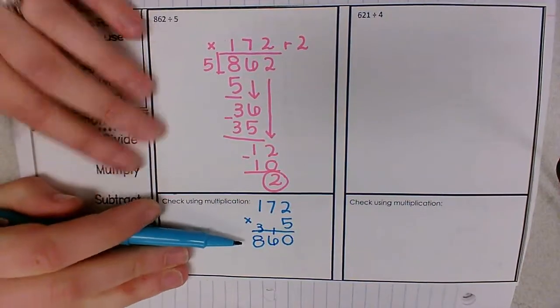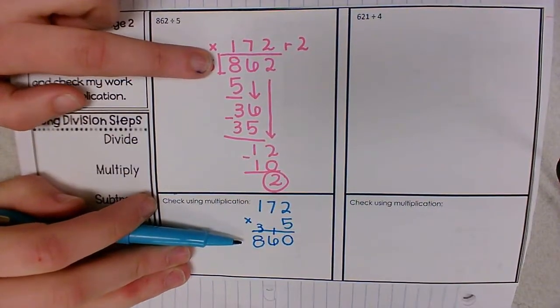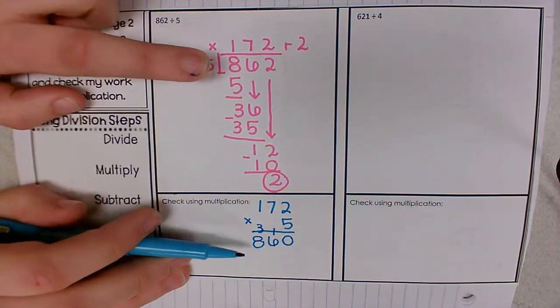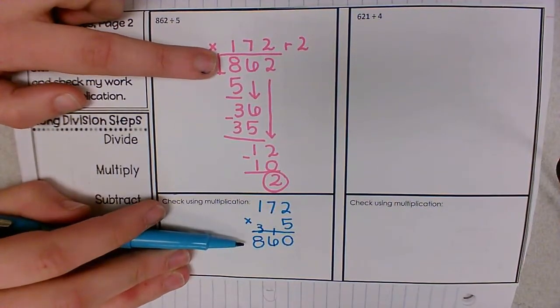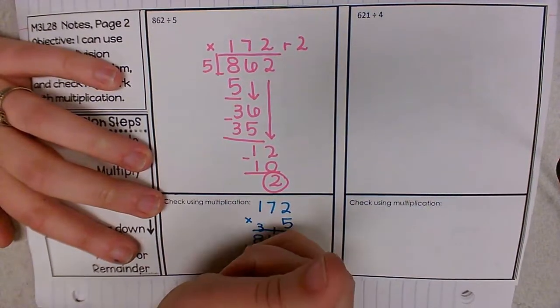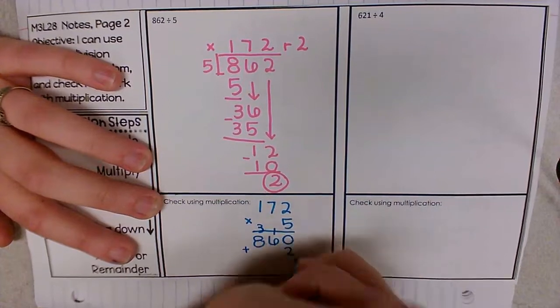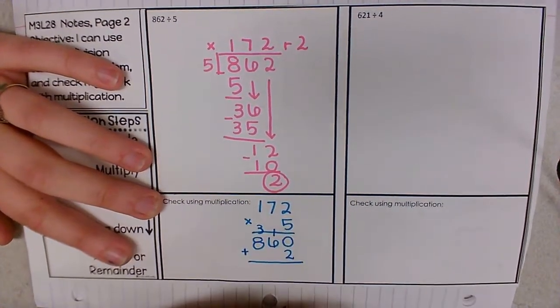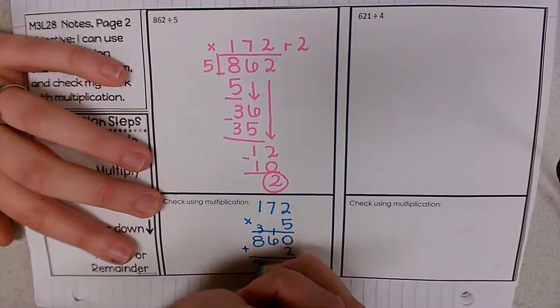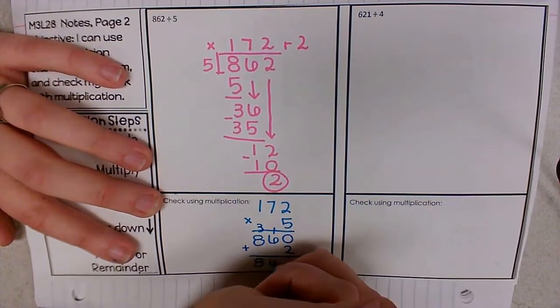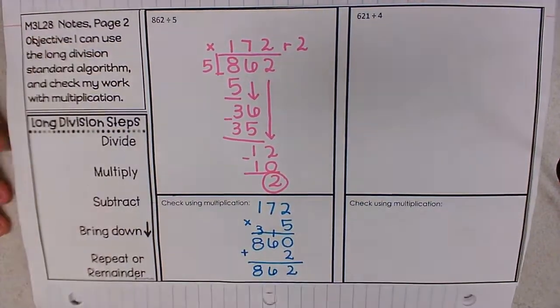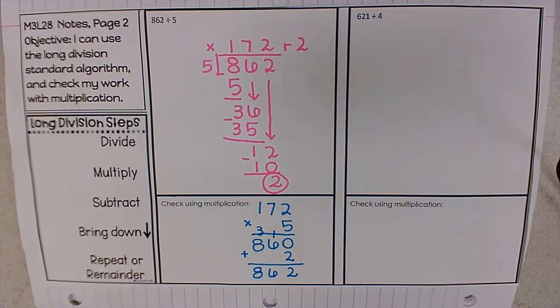But this doesn't match my dividend. So I need to remember that anytime I have a remainder, I add it back. 860 plus 2 more is 862. Let's practice our last problem together.